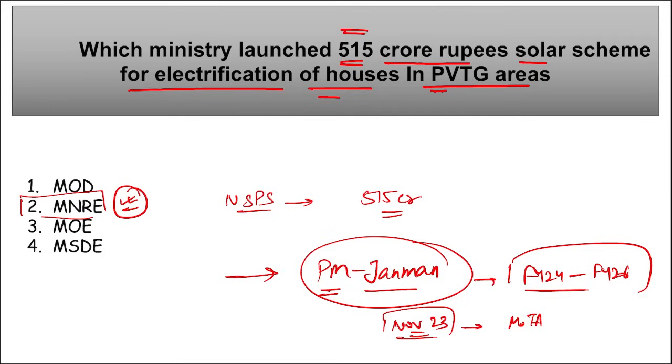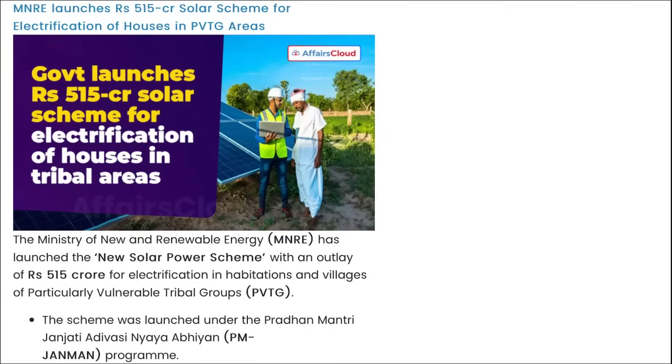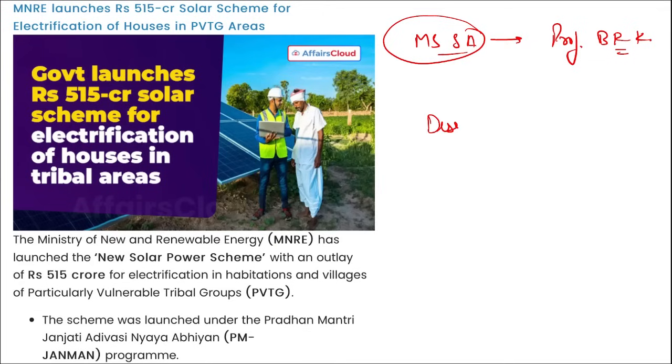right? Next if I ask you, tell me, MS Swaminathan Award, who was honored with MS Swaminathan Award? Professor B.R. Kamboj was honored with MS Swaminathan Award. Then desert cyclone. This is an exercise conducted between India and UAE.